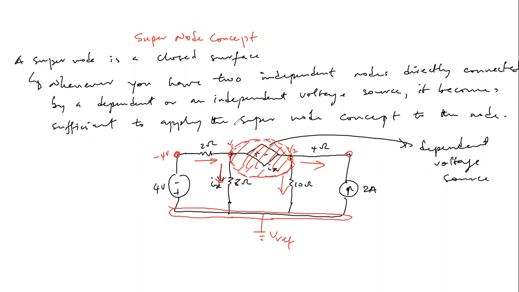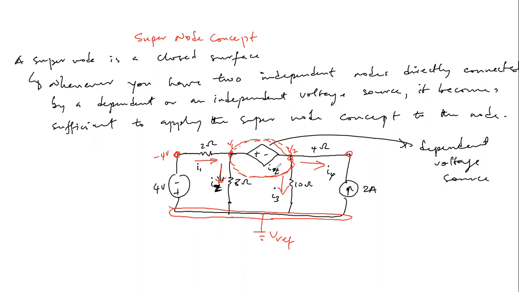In other words, once KCL and KVL have been written at the supernode, let's say for instance this is I1, this is IX, then this is also IS. Let's just put up a proper convention: I2, I3, then I4.